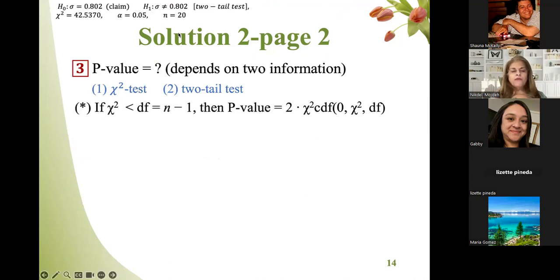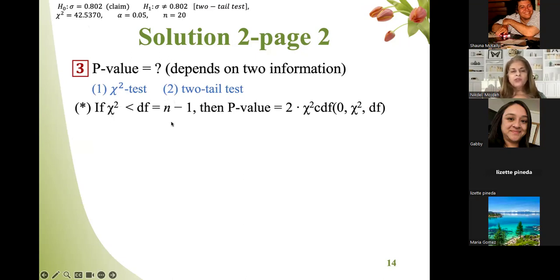So for a two-tail test, I have to find either the area of the right tail or the left tail. To decide that, I compare my test value, in this case chi-square, which I found in the previous step, 42.5370, with my degree of freedom.